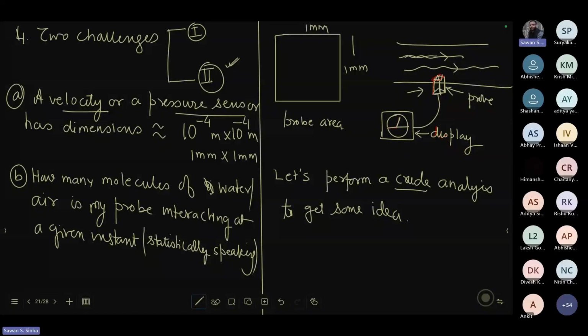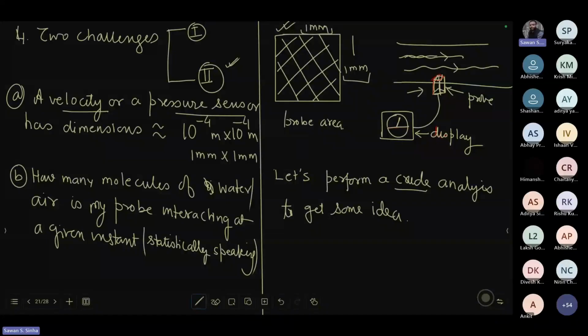That surface area I'm showing here, and I'm telling you that the best probes that we have will still have dimensions of like 1 mm by 1 mm, which is quite small as perceived by our eyes, but still it is finite. 1 mm by 1 mm. Now, if you try to sense the fluid motion by a probe which has this much size, the question is: is your probe interacting with an individual molecule, or with a bunch of molecules at a time?